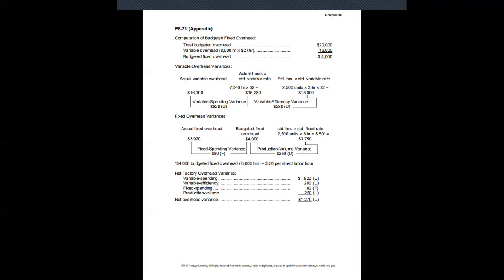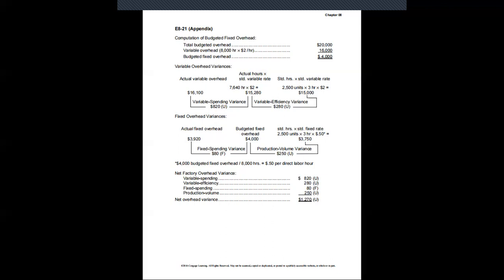Then for the fixed overhead variances, the actual fixed is 3,920. It's given. Then we have now the budgeted fixed overhead computed above at 4,000. So we have the variance of 80. That's the fixed spending variance.